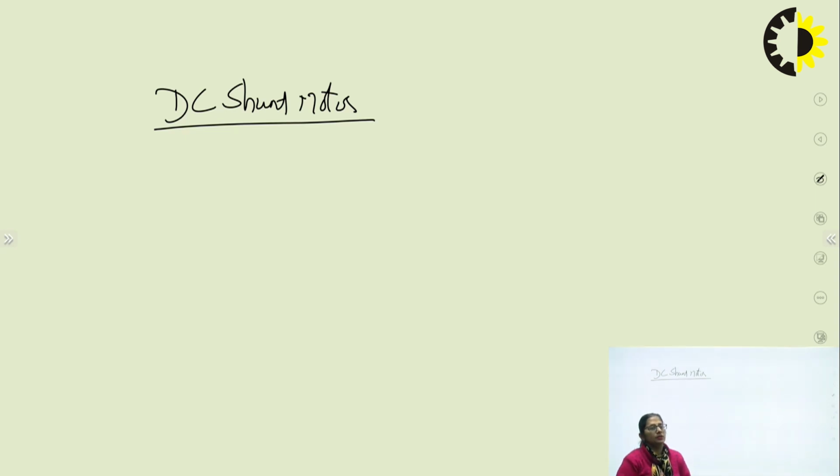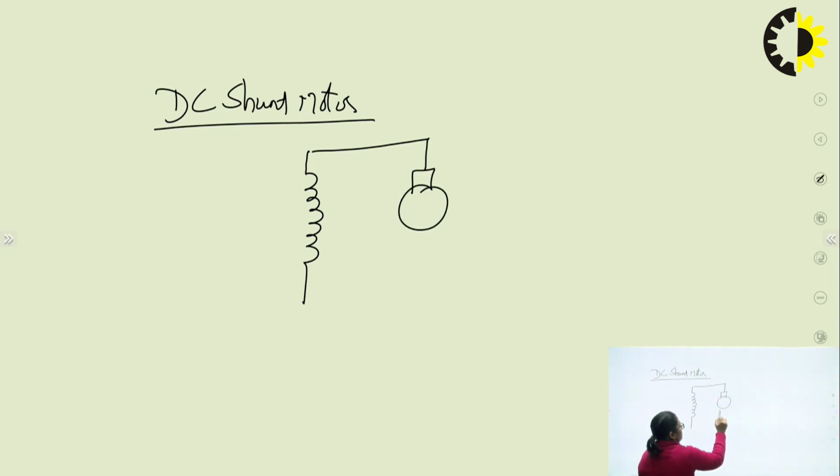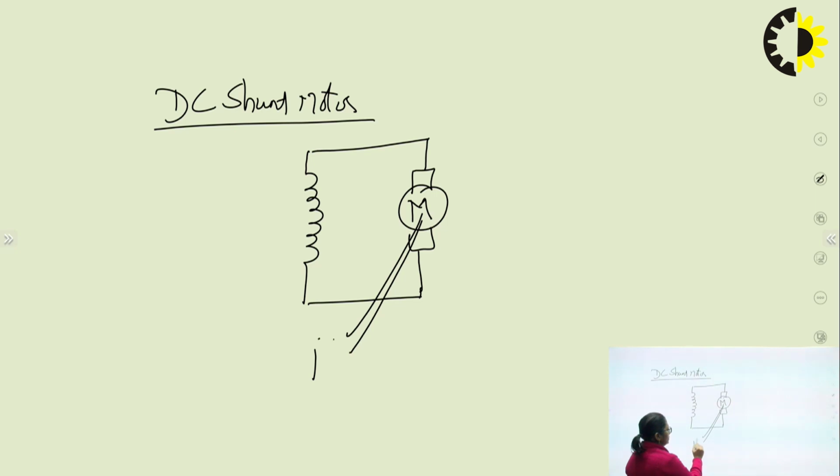The symbolic representation for a DC motor and its circuit. It's a DC shunt motor, that means the field would be connected in shunt with the armature. This is a motor, and we know that if it is a motor, obviously it will be connected to a certain mechanical load. Its shaft is connected to a mechanical load.